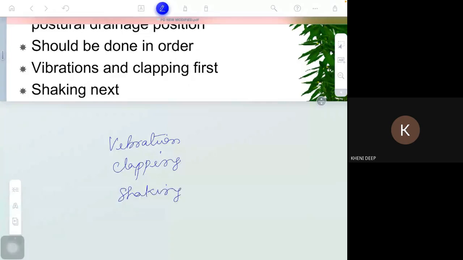So these are the three manipulations normally used in chest physical therapy. So vibration should be performed.